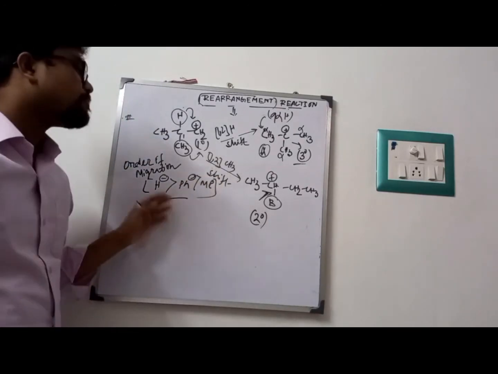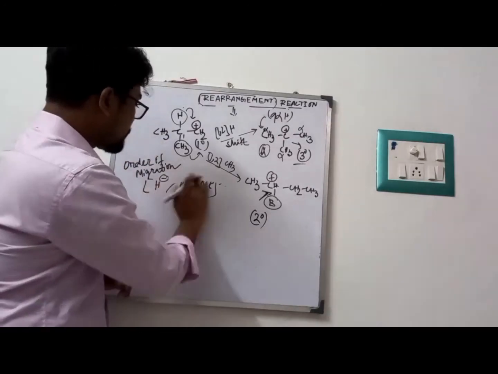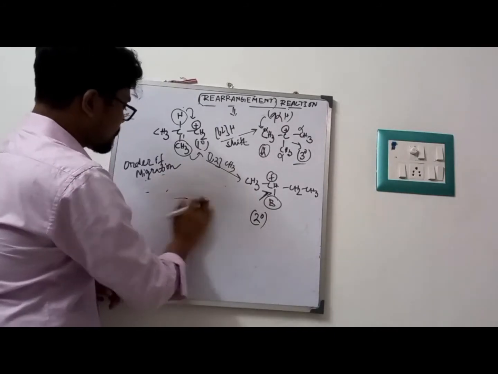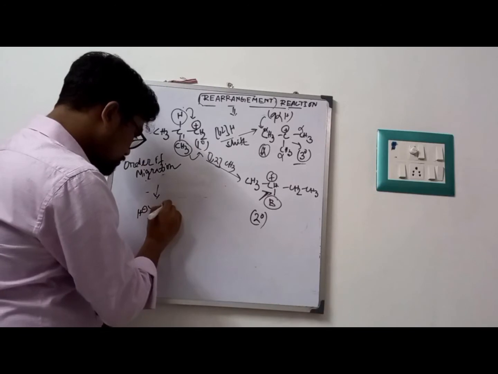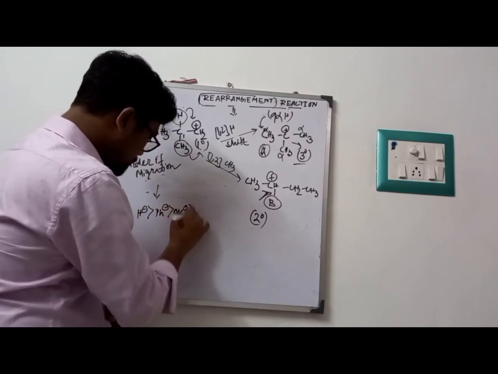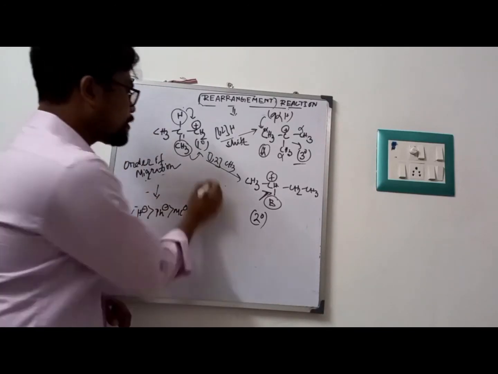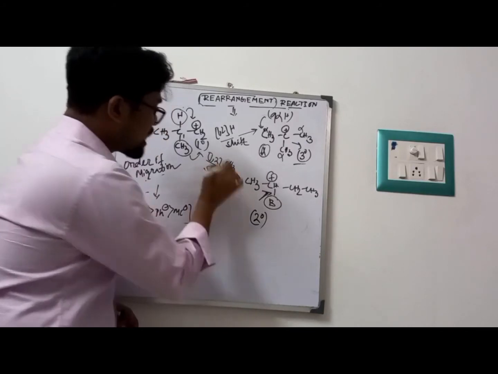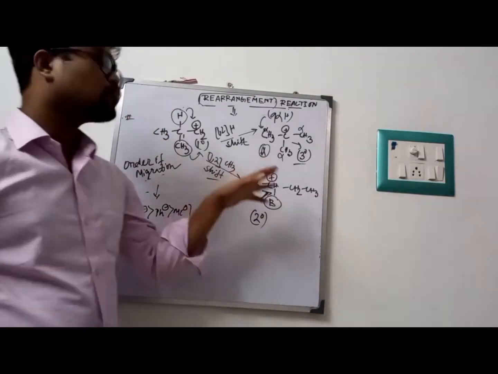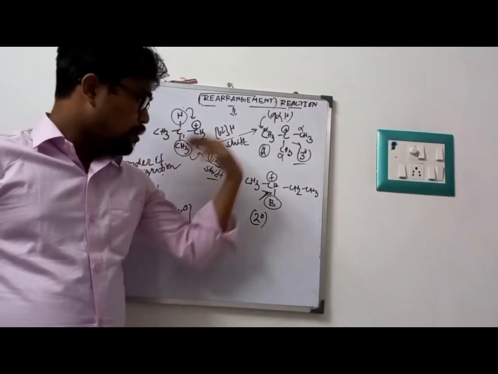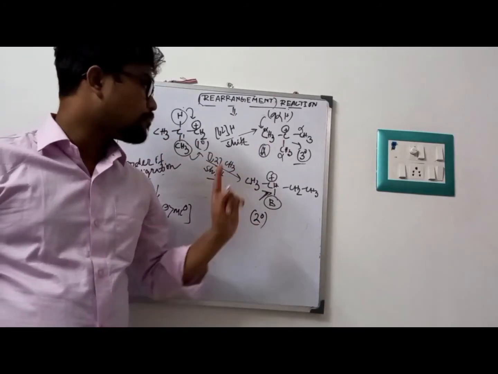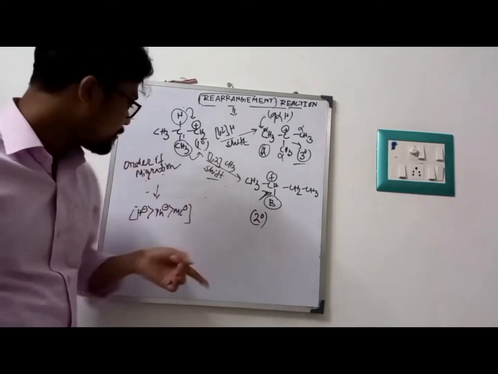This is actually the migratory aptitude. Okay. So now I am going to show 2 examples of how the migratory aptitude operates in competition reactions. Then I will go on to the next rearrangement reaction. Fine. Write it down properly.